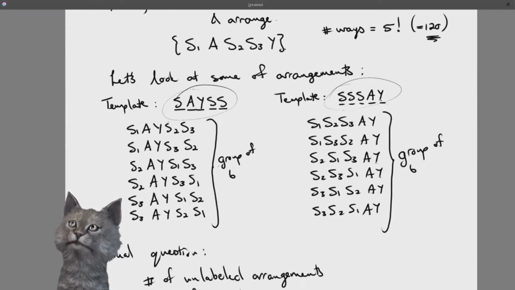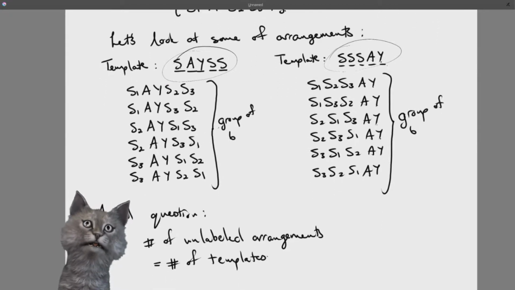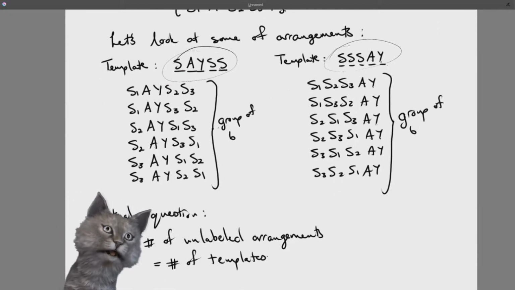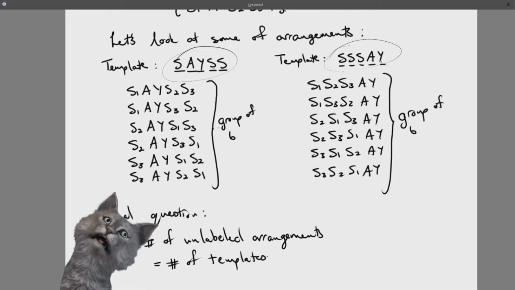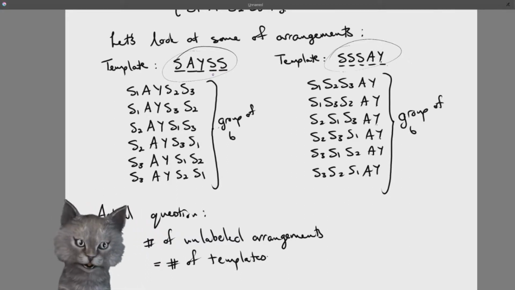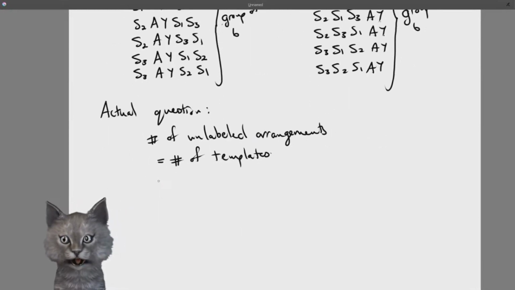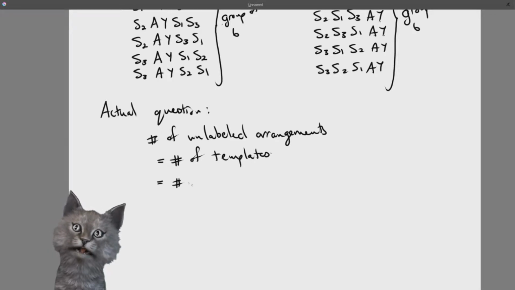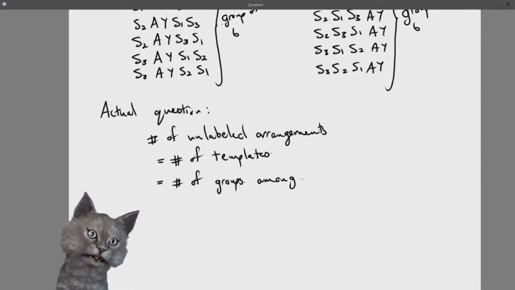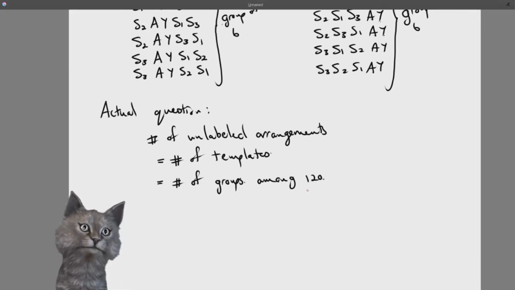I just gave it a different name. Same thing, really. Because in these templates, we say where the S's go, we don't actually label them and say which one. Inside the grouping, we say which one. So the number of templates is the same as the number of groups that we made among the 120.